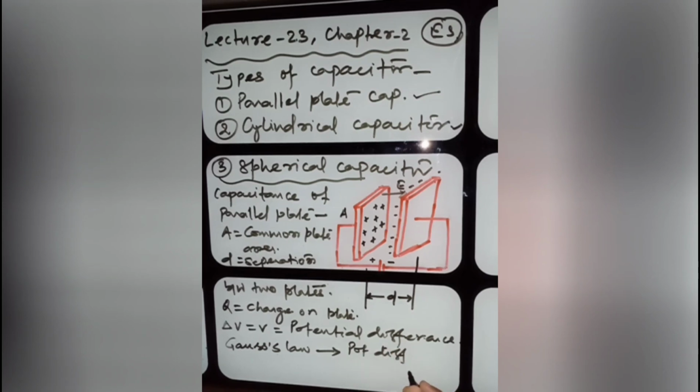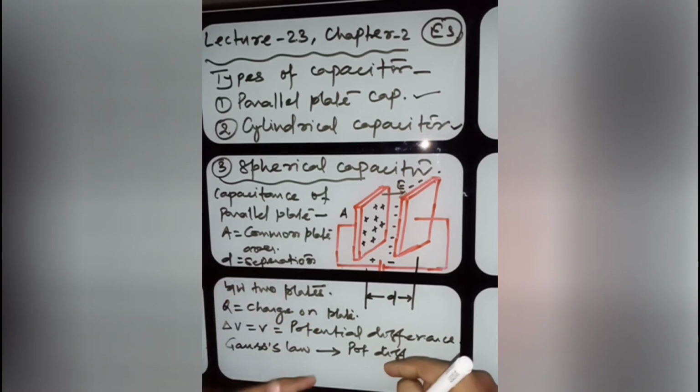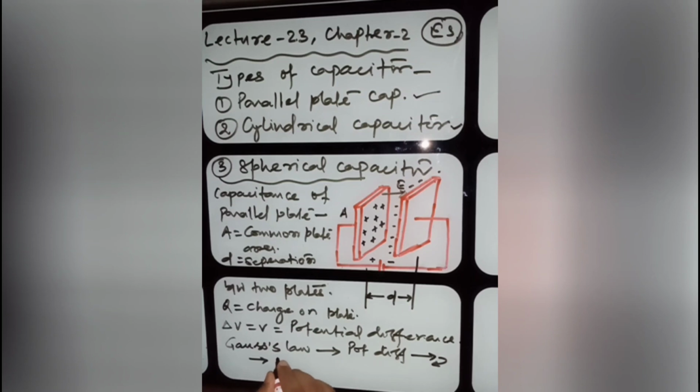Potential difference. Remember this step I'm giving you, you have to apply this step for each type of capacitor. That will simplify your work. And the third one is to find the capacitance.